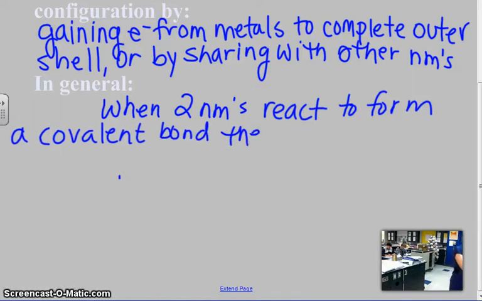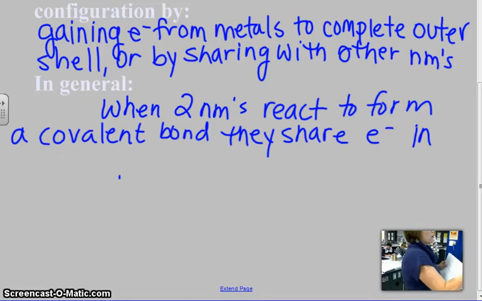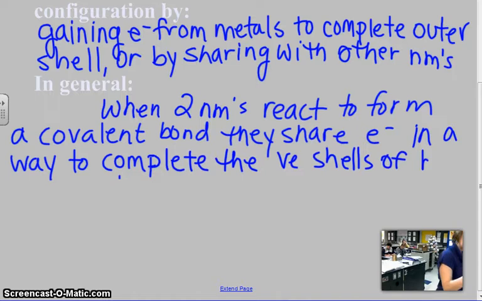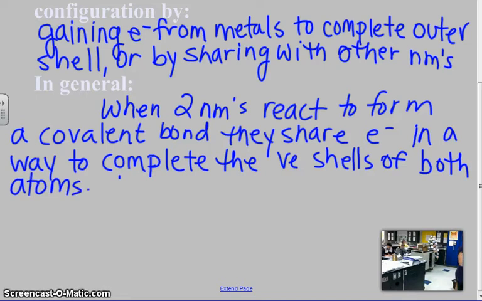They share electrons in a way, there are exceptions to this, but they share electrons in a way that completes the valence electron configurations of both atoms. Whether they need to share one or two, they share as many as they need so that they get a full outer shell.